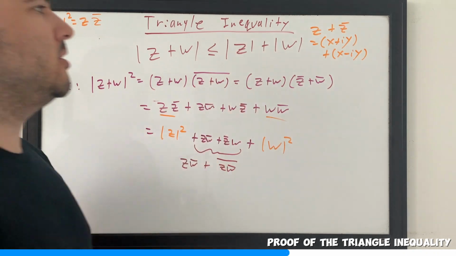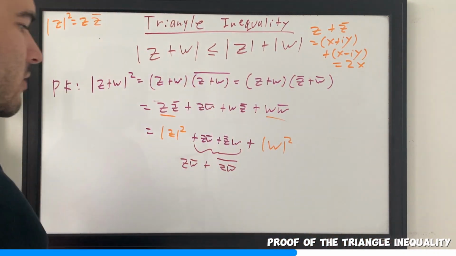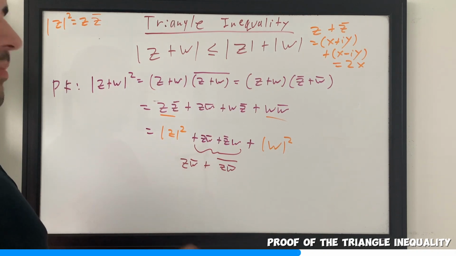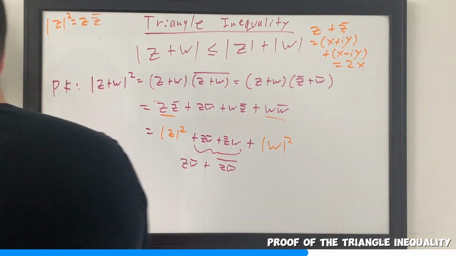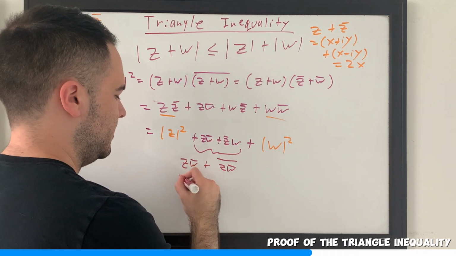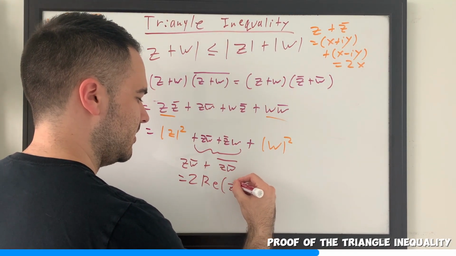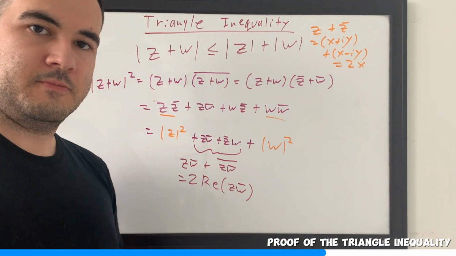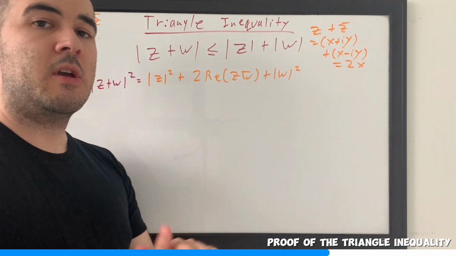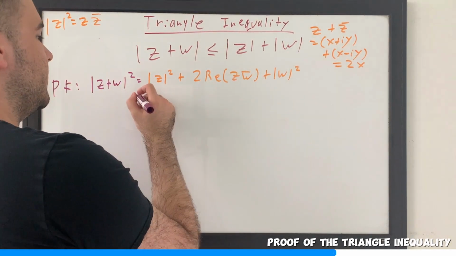So if I add these two together, I will get 2 times x, which means that if I add something plus its conjugate, I will get 2 times the real part of z times the conjugate of w. For space, I've moved this up to the top, but bear with me as this is going to involve a few tricks involving complex numbers.